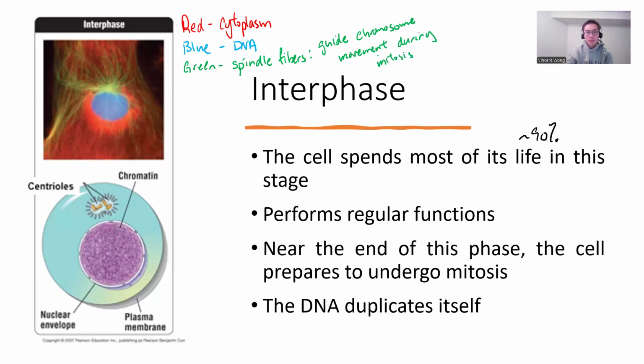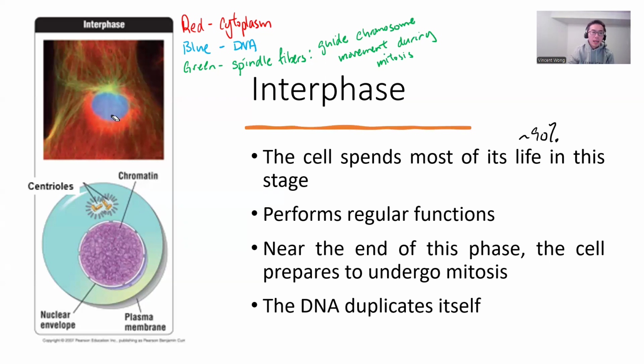Mitosis is the actual division, okay? No, I'm not gonna test you on these colors, but you should know what you're looking at, right? So I'm just writing it out to help you understand what it is that you're looking at.